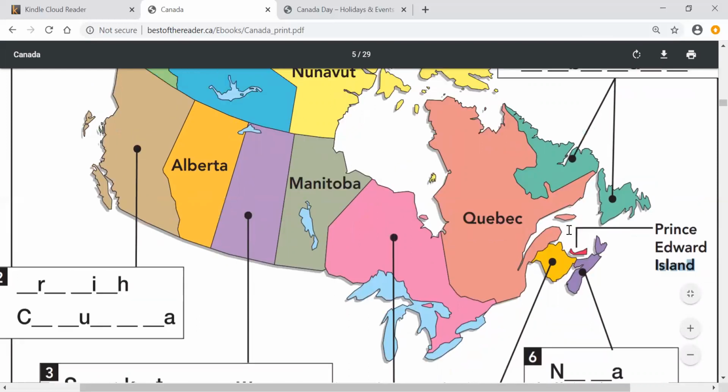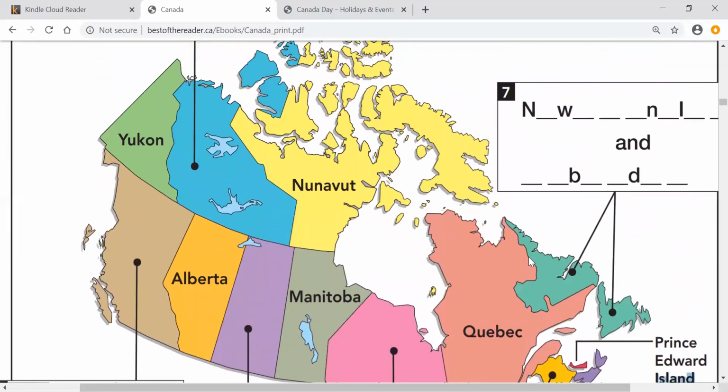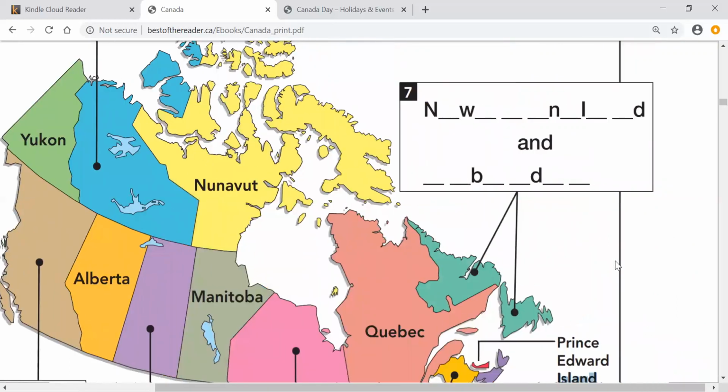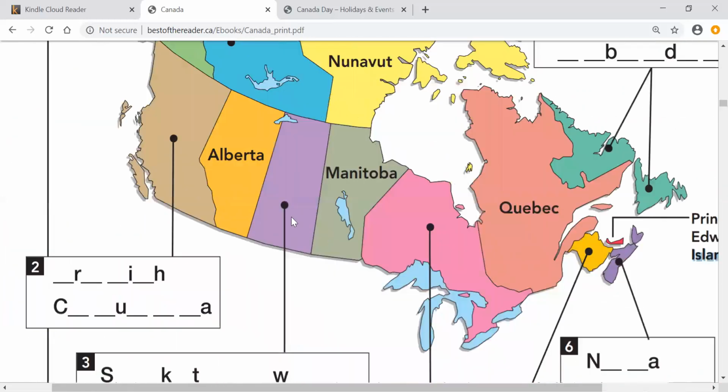Okay. All right, let's look above. Above Prince Edward Island, we have the one in green. This is called Newfoundland and Labrador. These are two together, one province. Okay, we are finished. Provinces.